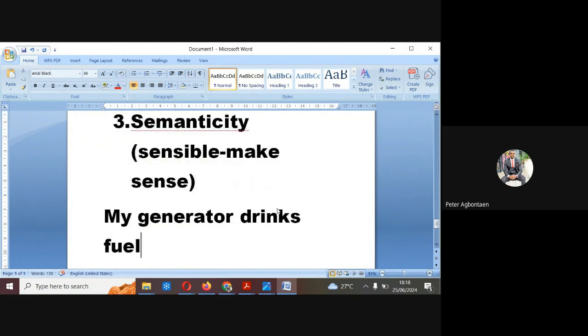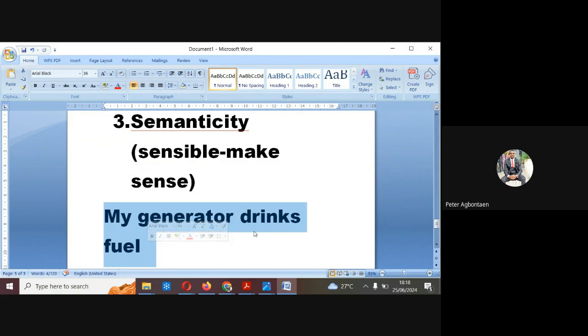All right. So here, the English is correct because we've used a noun that's singular, that's generator, with a singular verb. So generator is a singular noun, drinks is a singular verb, and so this has grammatical correctness. But this sentence doesn't make semantic sense simply because a generator cannot drink fuel.